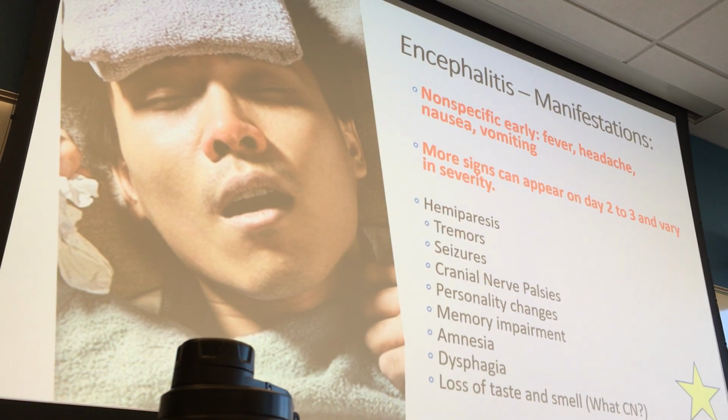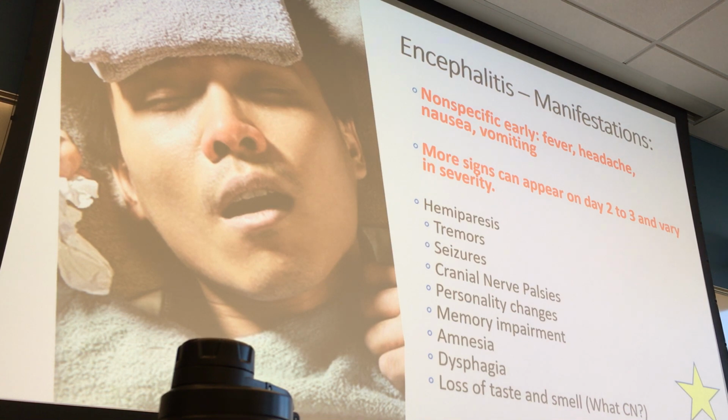Signs can appear on day 2 to 3, so that's when it starts to get worse. Once they start having these symptoms, you're really looking at what is going on here, and that's when they start doing some testing and then all the neurological things start happening.